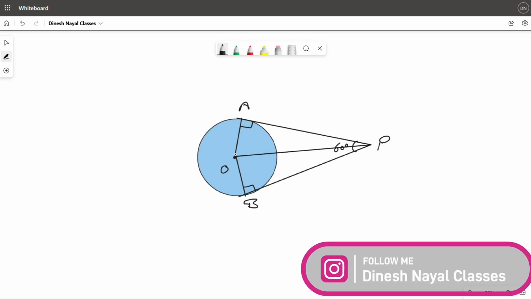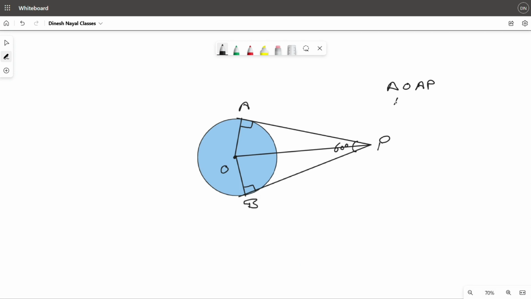Also joining OP, we have two triangles, OAP and OBP. If we take these two triangles, we see that OA and OB are 3 centimeter, it's given the radius is 3 centimeter. So OA equals OB, OP is common, and angle A and angle B are 90 degree.